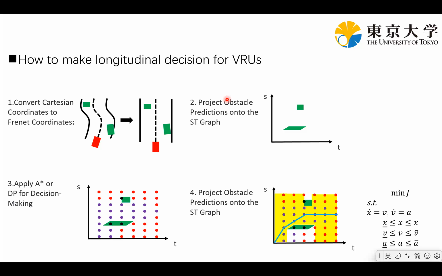Additionally, due to the characteristics of certain algorithms like A-star, those decisions may become overly conservative or aggressive. Therefore, further refinement of longitudinal decision making for VRU is necessary.